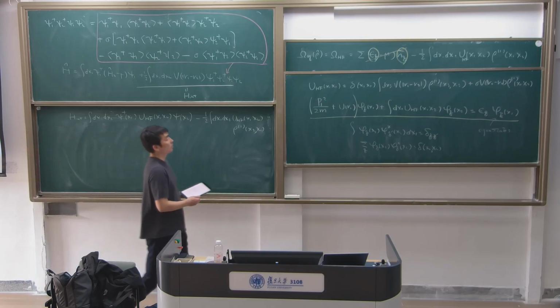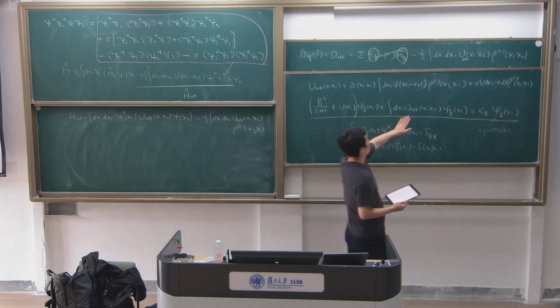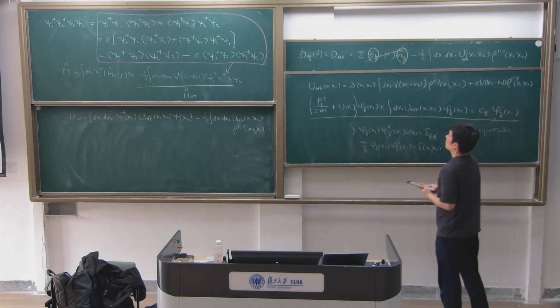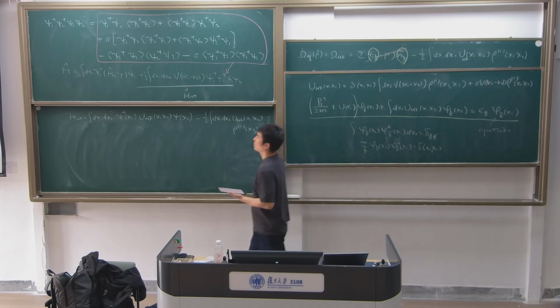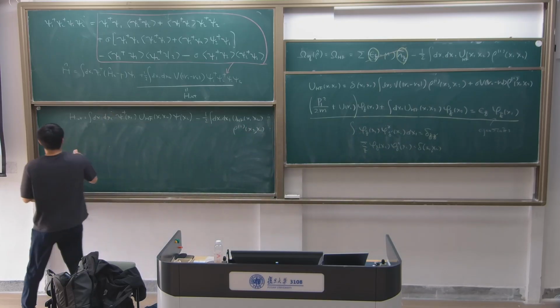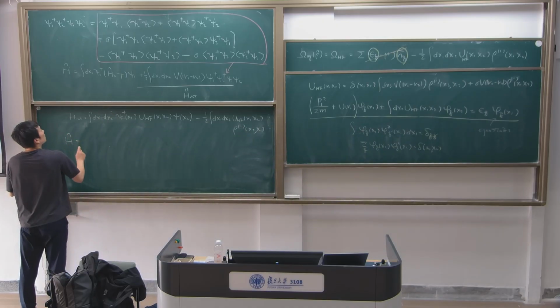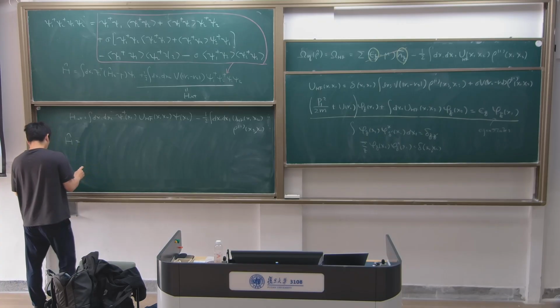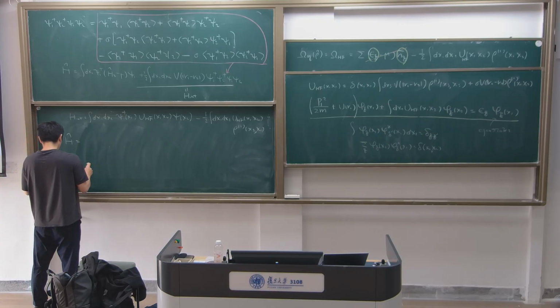And then use this equation to rewrite this one, the Hamiltonian in the sample cube.